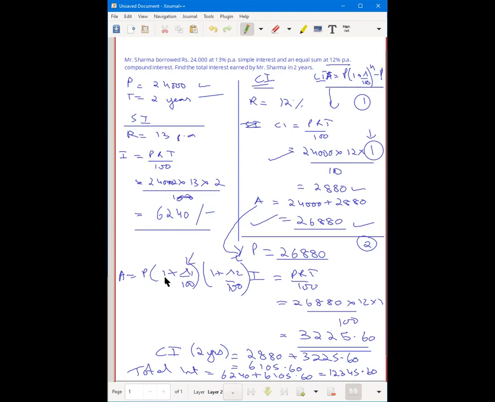No. So then you cannot use this formula. So if you wanted to use this, you would use A is equal to P into 1 plus R upon 100 raised to the power of N, where N would be 2. And for CI, you could just do minus of P also, right?